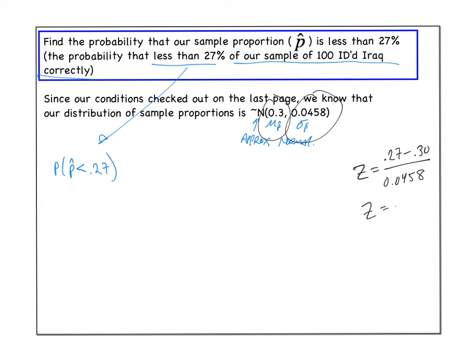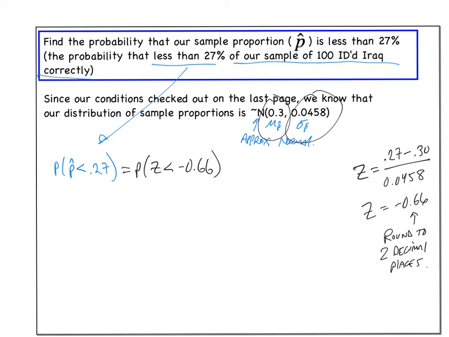When I type all that in, my z-score will be negative 0.66. Remember to round to 2 decimal places. Okay, so then over here, my next statement would be that I'm trying to find the probability of z being less than my z-score of negative 0.66.